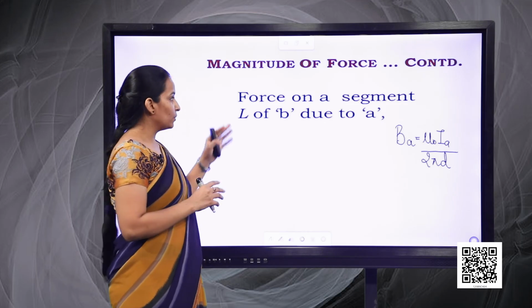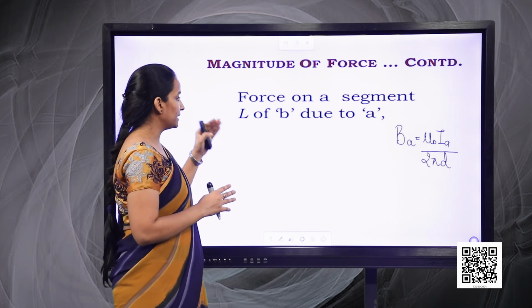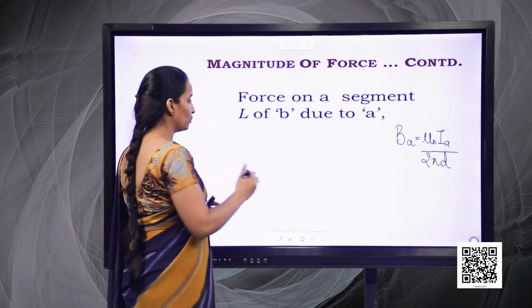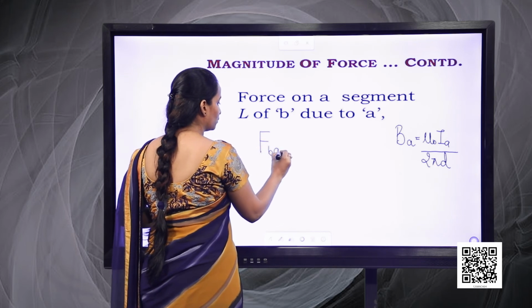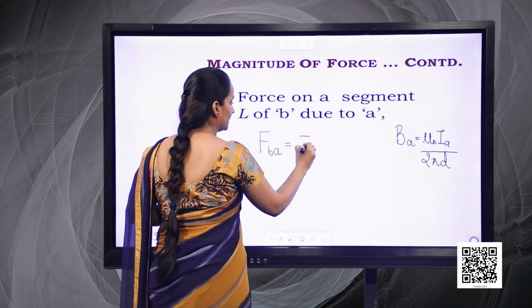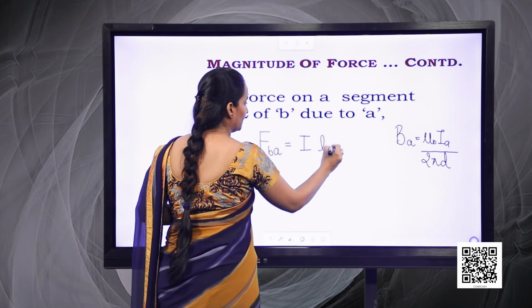Here we are going to find out the force on a segment L of B due to A. So, I will write force on B due to A, and we know the formula, it is ILB.